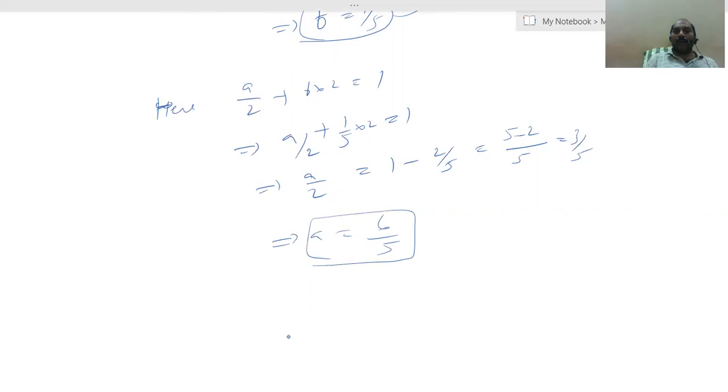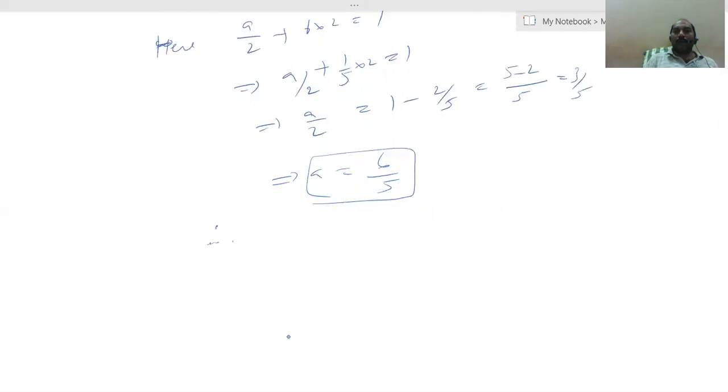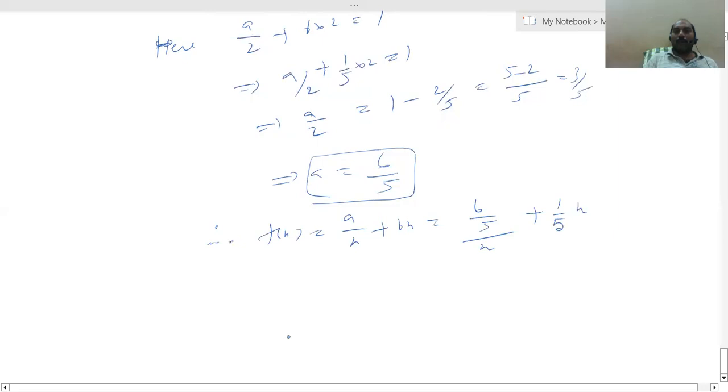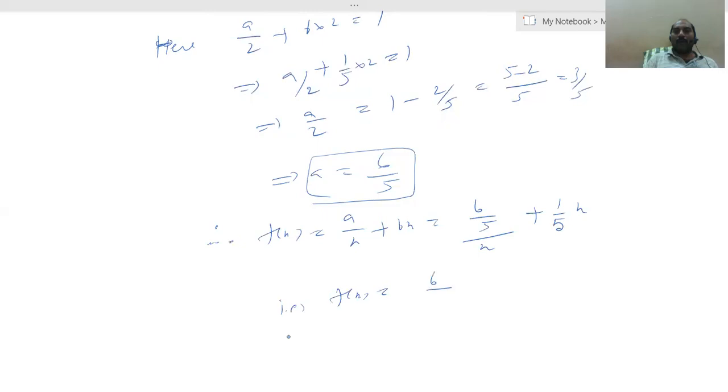Therefore, the function f of x is a by x plus b into x, equal to 6 by 5 by x plus b value 1 by 5 into x. Simplifying further, 6 by 5 is common: 6 by 5x plus x by 5.